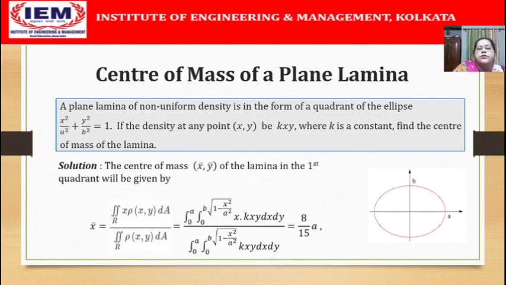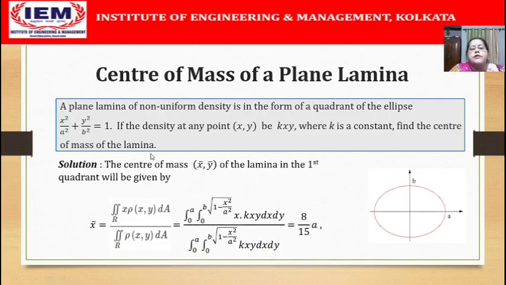So to find the center of mass of the lamina of this ellipse, but mind it, it's for one quadrant. So let us consider the first quadrant only. The center of mass x bar y bar will be given, as per the formula, x bar is double integral x rho xy dA divided by the double integral rho xy dA.